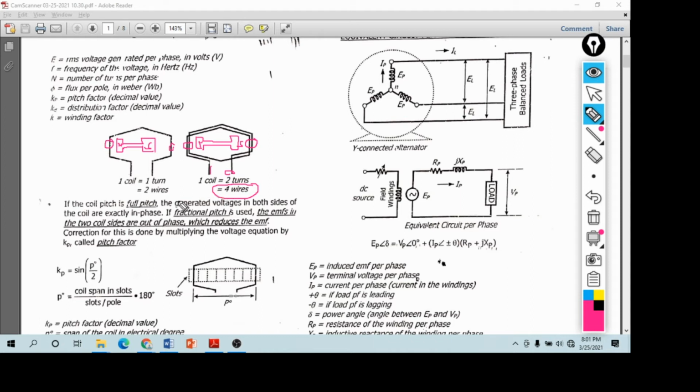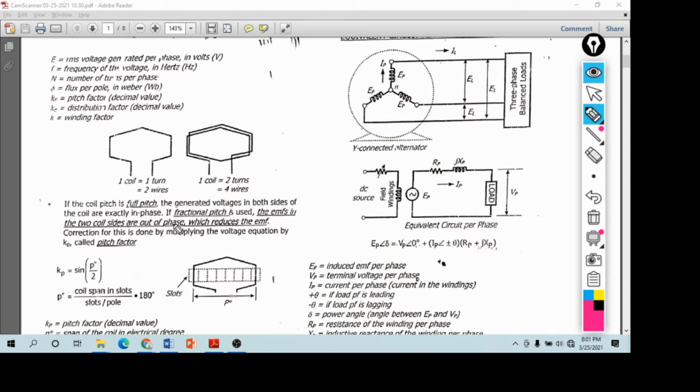So I hope you understand, no? If the coil pitch is full pitch, the generated voltages in both sides of the coil are exactly in phase. So the same as what I draw here. So you have north and you have south. So in phase, so in phase ang imong output.